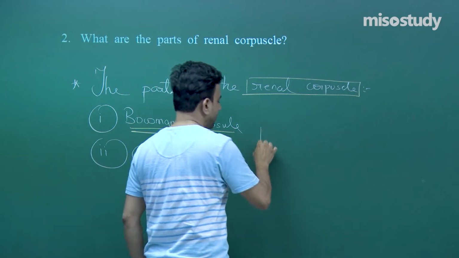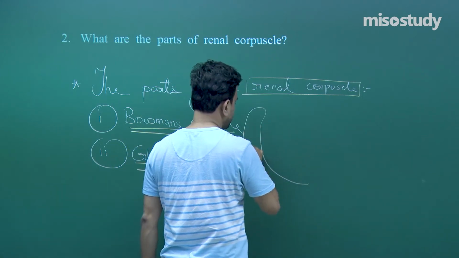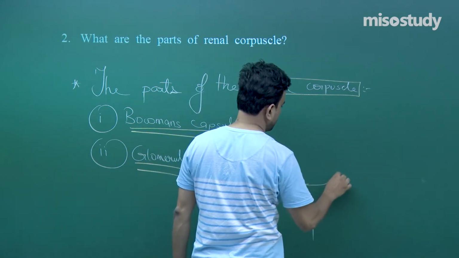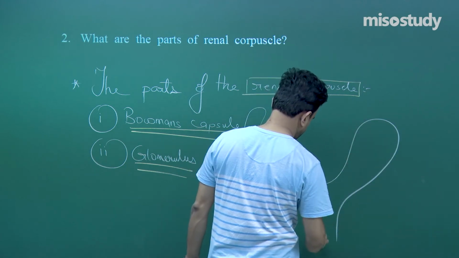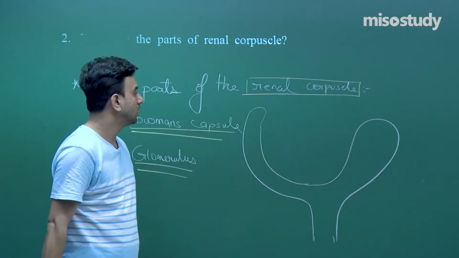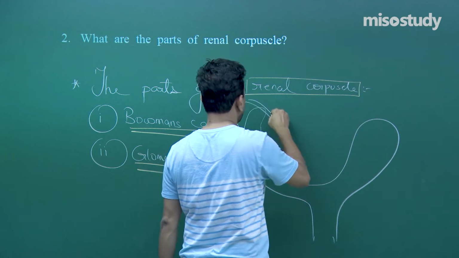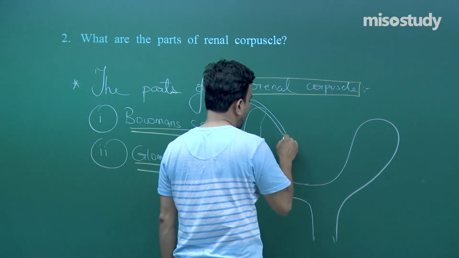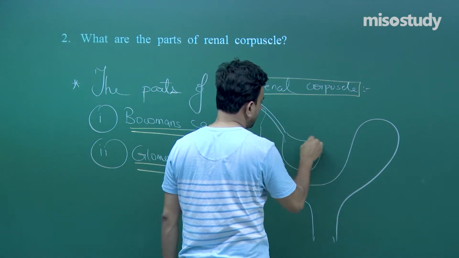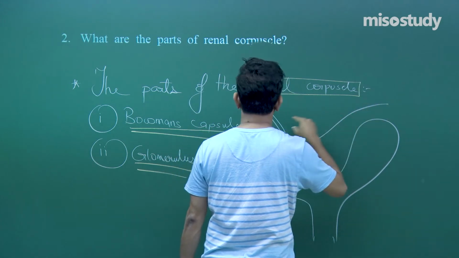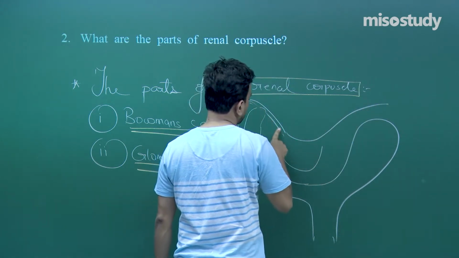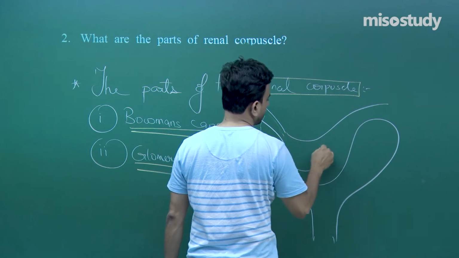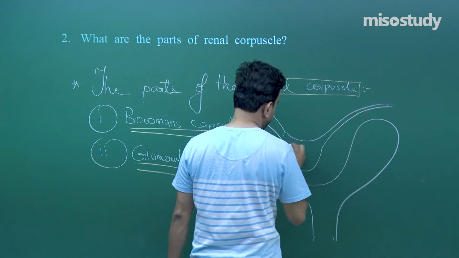So, what do we see? There will be the afferent arteriole, and this will be the efferent arteriole.